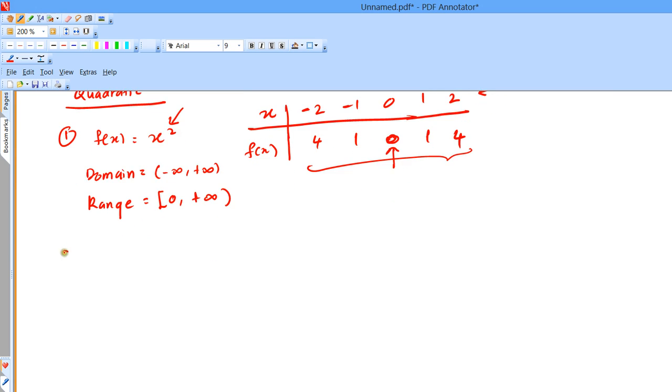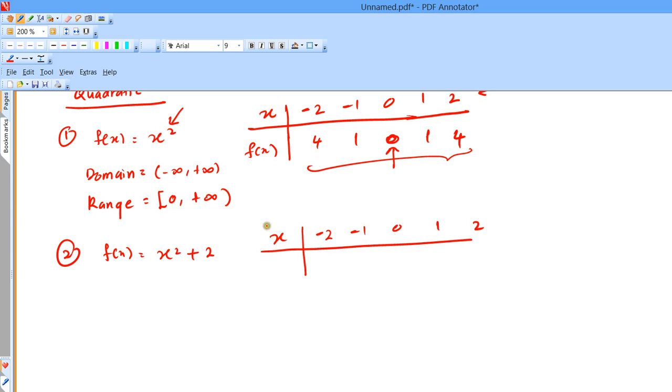Okay, next, number 2. If we have f(x) equals x squared plus 2, it's actually the same as the first example. We can put any real value of x: negative 2, negative 1, 0, 1, and 2, and then f(x).